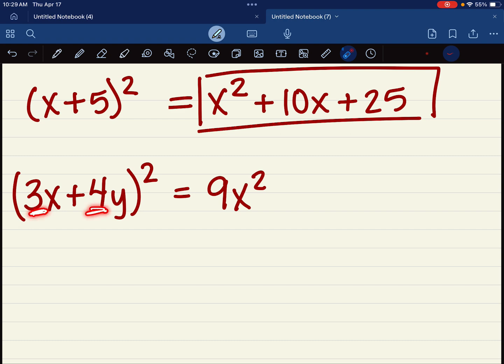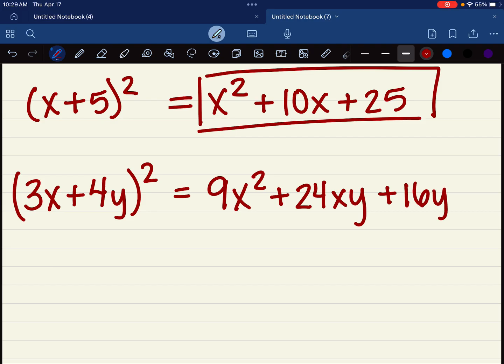What's 3 times 4? 3 times 4 is 12. Double 12 to get 24. So plus 24, and then what variables should they each have? X and y. And then I square my last term. What's 4y times 4y? 16y squared.